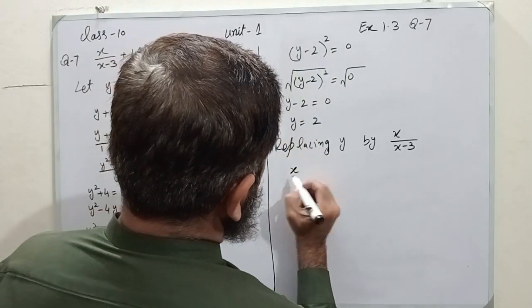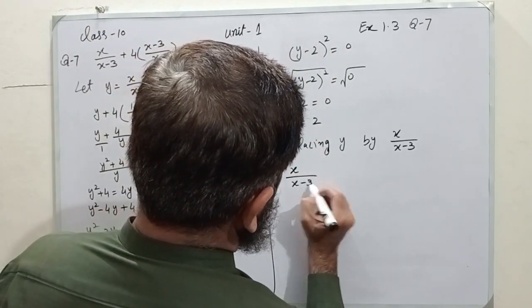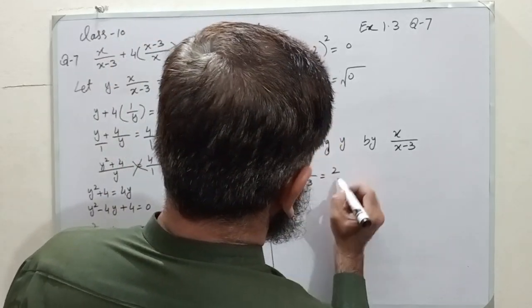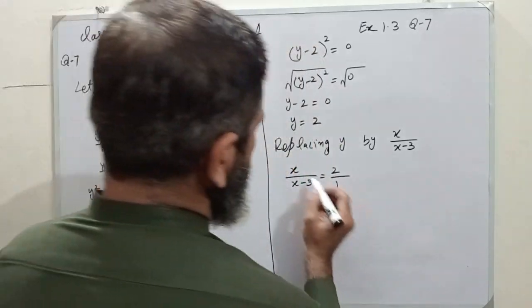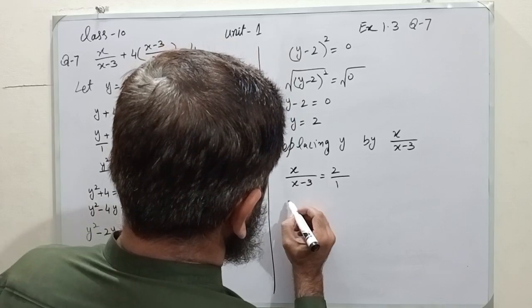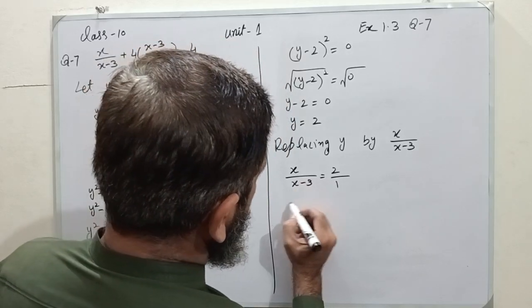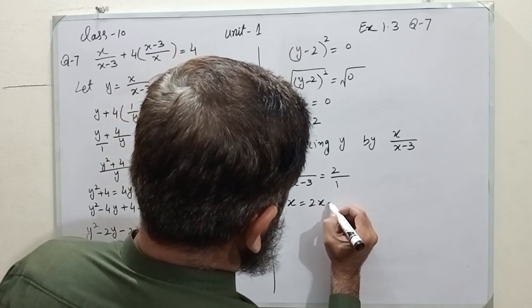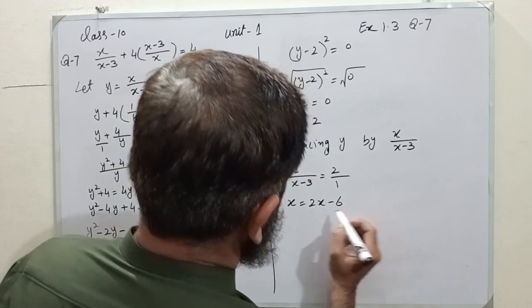So here x over x minus 3 is equal to 2, which can also be written as 2 over 1. Use cross multiplication method. Here x is equal to 2x minus 6.